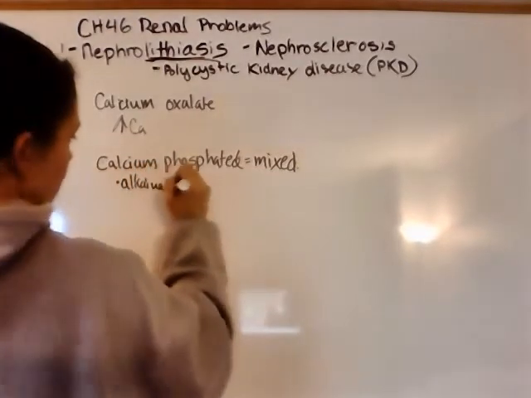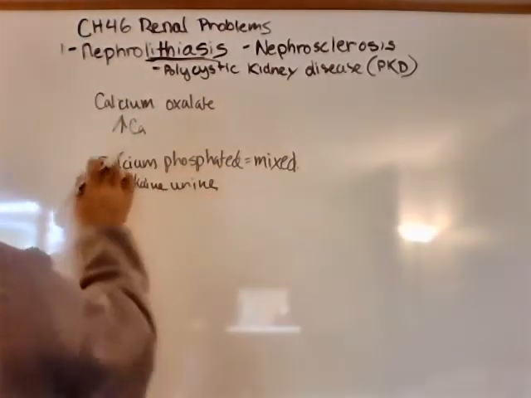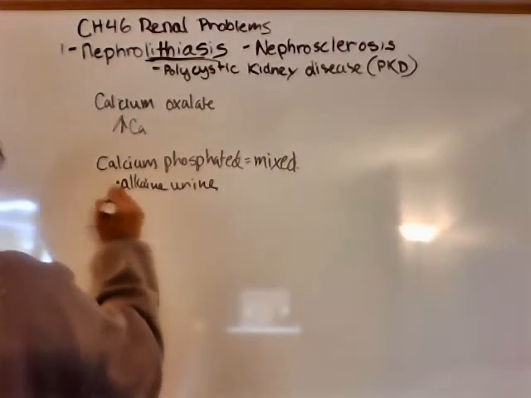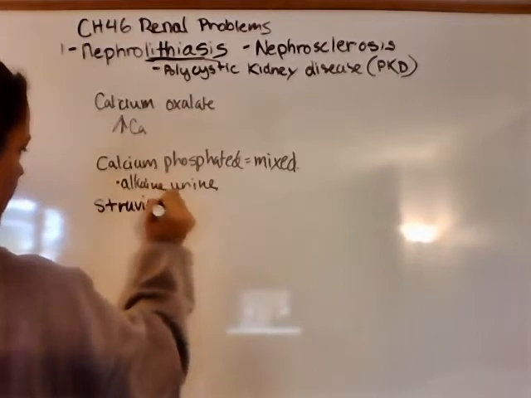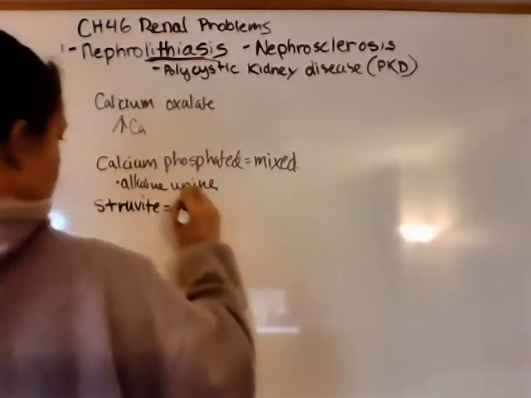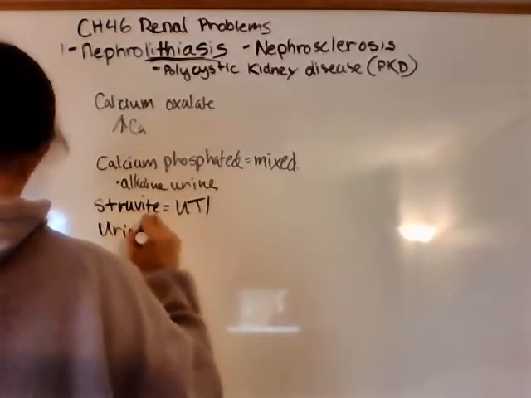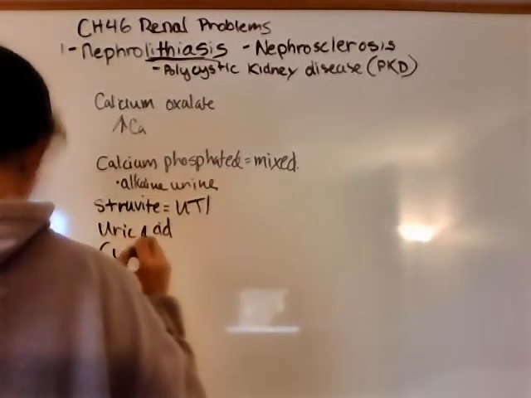So again, alkaline urine is not going to allow for the breakdown of some of those, specifically calcium. All right, and struvite, I believe is how you say that. But struvite, that's going to be in UTIs, and uric acid, and cysteine. Alright, so let's go through these really quick.